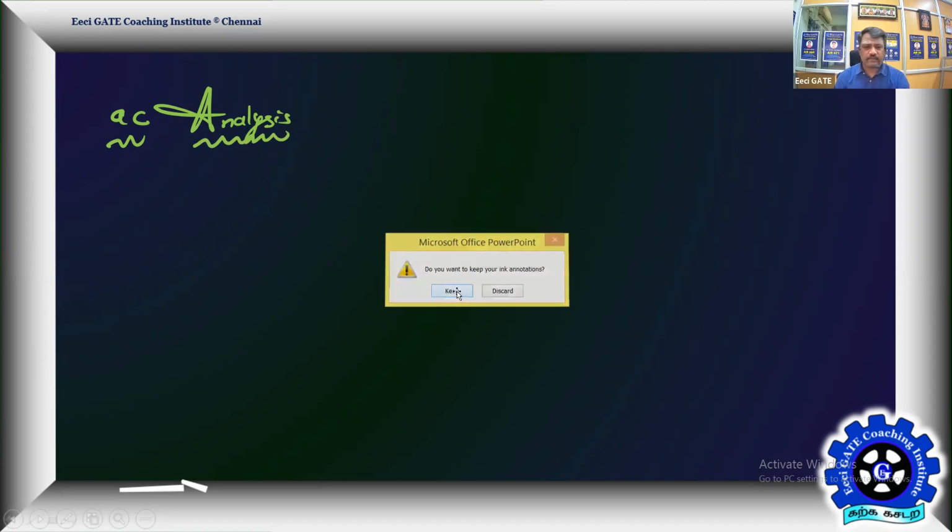It's a small signal AC analysis, remember. So you have to switch off the DC sources. Let me have a copy of the circuit.